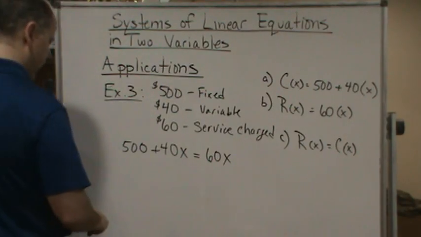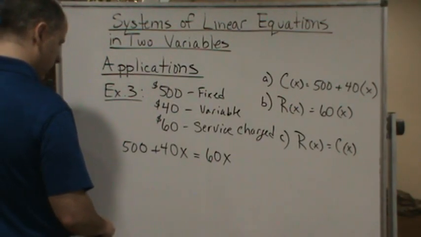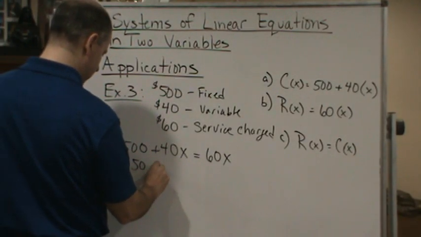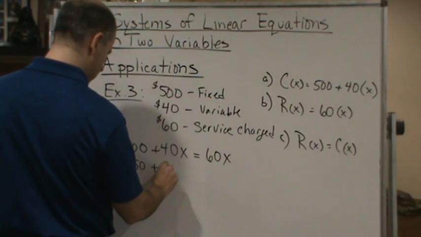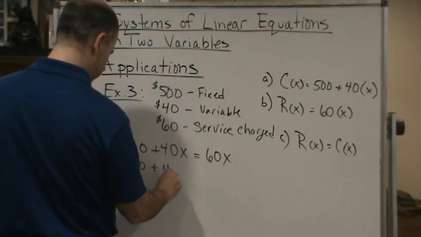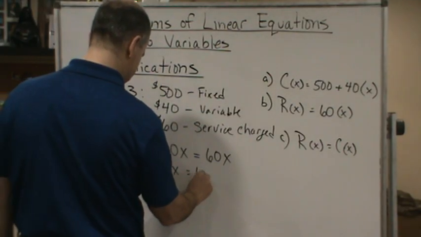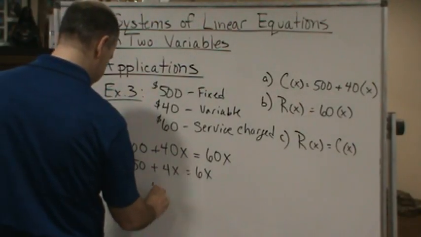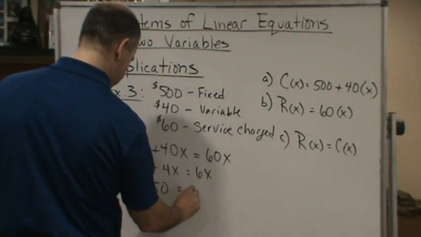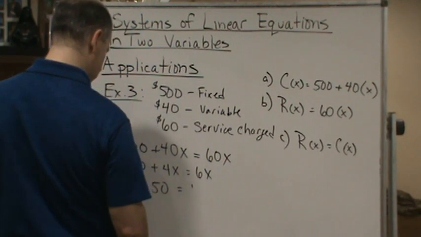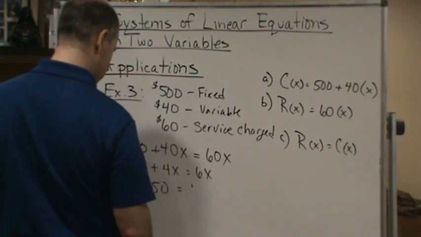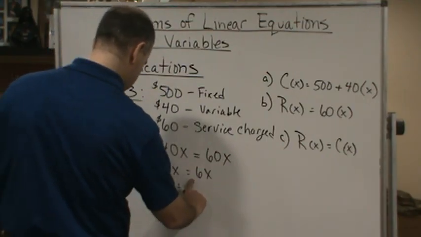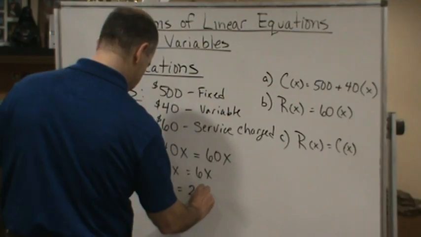And if we divide everything by 10, we'll get 50 plus 4x equals 6x, which gives us 50 equals 2x, right?